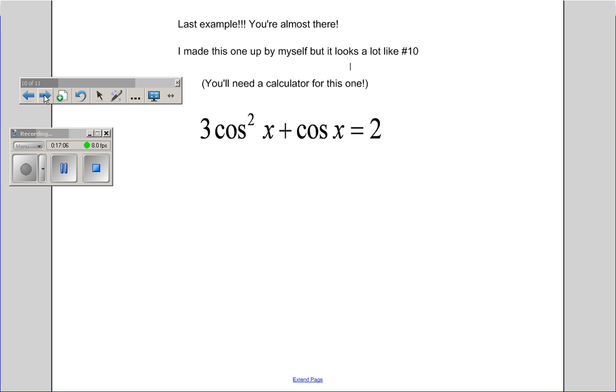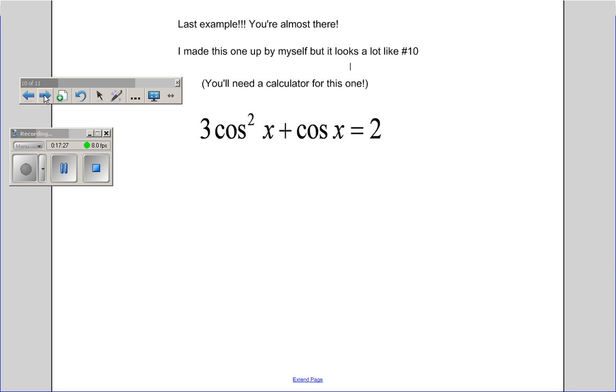Okay, so when we look at this, you're probably going to need a calculator for this one. Because again, with that inverse, some of these we're going to end up with not having the special right triangle angles. So this is where you're going to have to use your calculator to find the inverse.